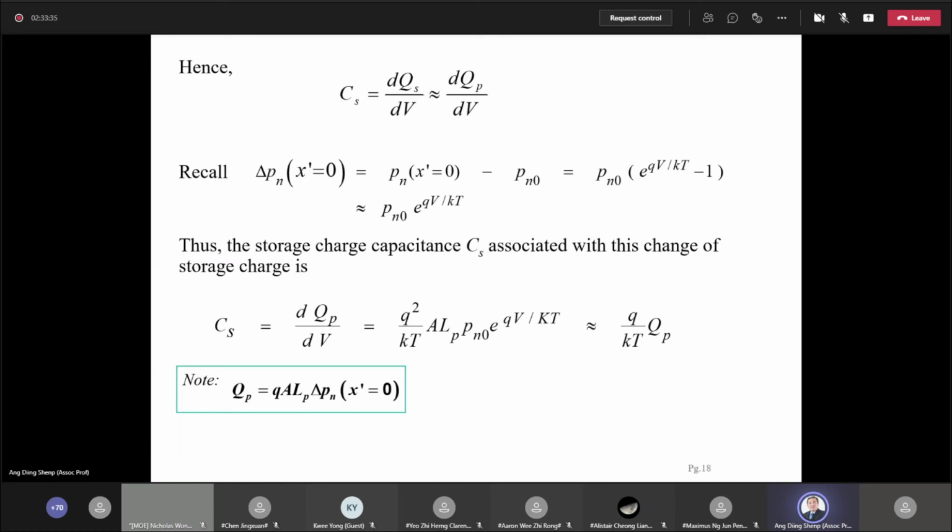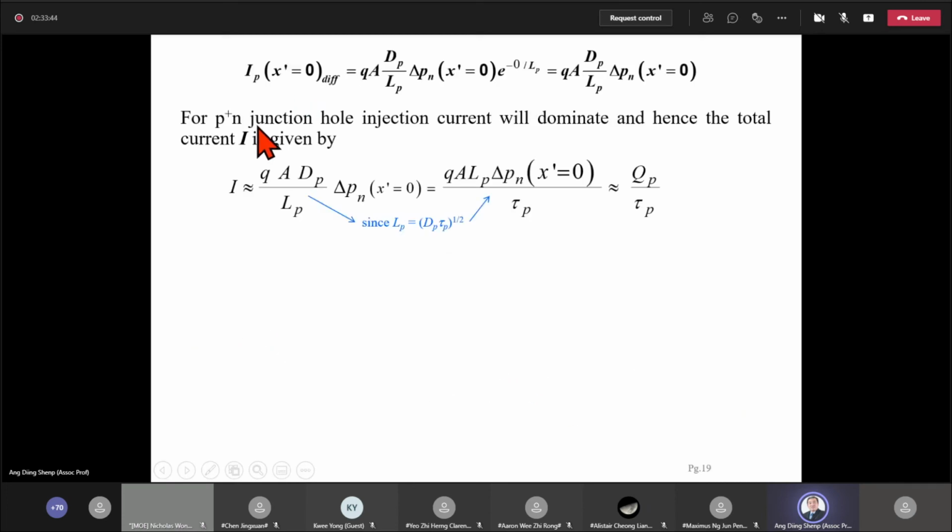Now it is possible to express CS in an alternative form based on the same P plus N junction example. As you know, for a P plus N junction, the hole injection current dominates. In other words, the total diode current, which is a summation of the respective minority carrier diffusion current densities at the edges of the space charge region, can be simplified as follows, where we only consider the diffusion current due to the holes, due to the predominant hole injection over the electron injection in the P plus N diode.